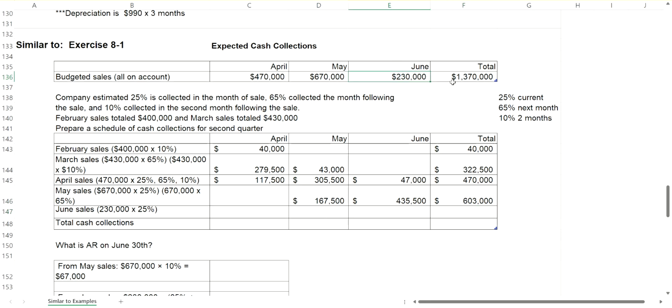Okay, for June sales, 25% is collected in June. That's the only thing I care about because 65% will be collected in July, 10% in August. That is next quarter. Okay, so I will take June sales of 230 times 25%, and that gives me 57,500, and I will bring that over. Whoops, sorry, hit the wrong number there.